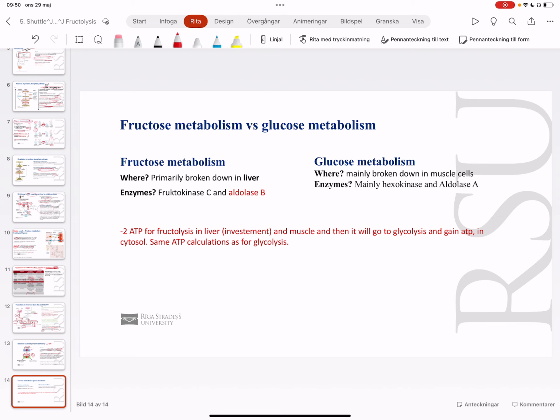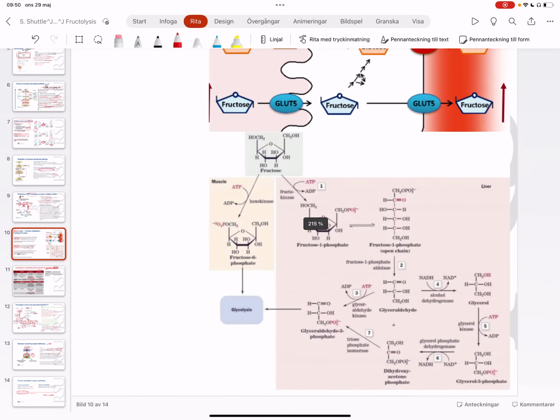So in glycolysis, we gained 2 ATP plus 2 NADH, and it's going to be the same for fructolysis. It's the same ATP calculations. We will invest 2 ATPs.